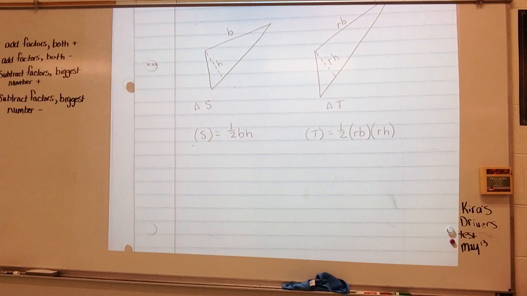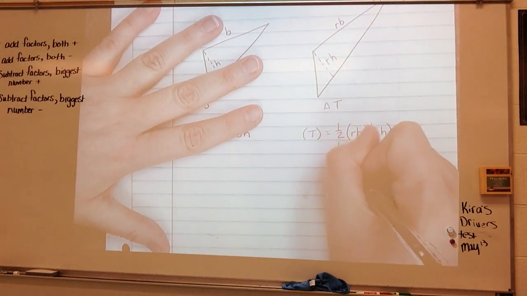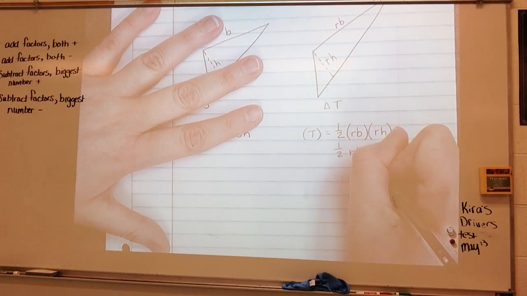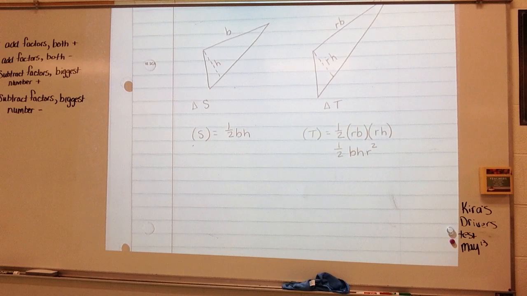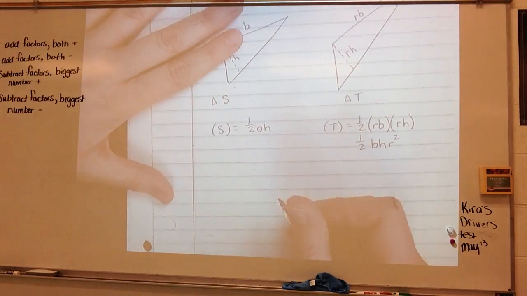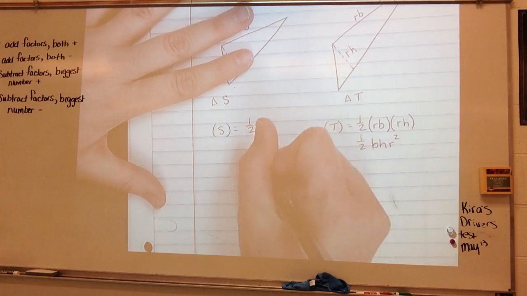Which is 1/2 BHR squared. Alright? So how can we show that the ratio of the areas of T and S is equal to R squared?